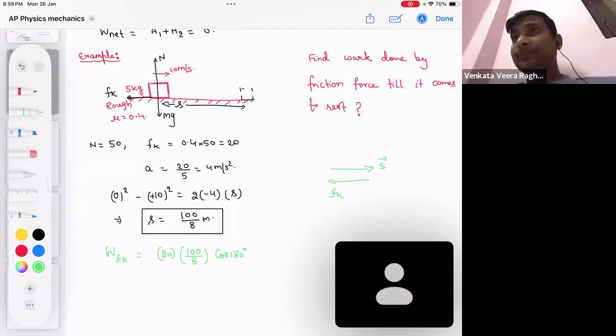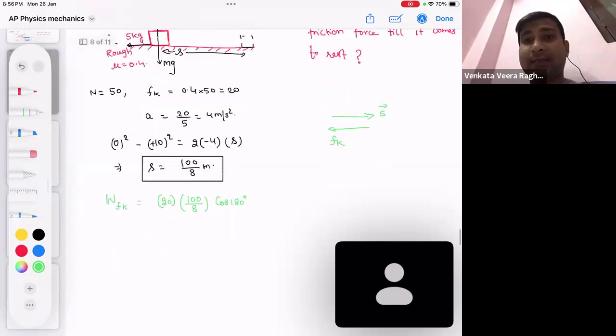The friction and displacement are in opposite directions, so the angle between them will be 180 degree. If we simplify it, 100 by 8 becomes 12.5, and 20 into 12.5 is 250, so minus 250 joule will come.